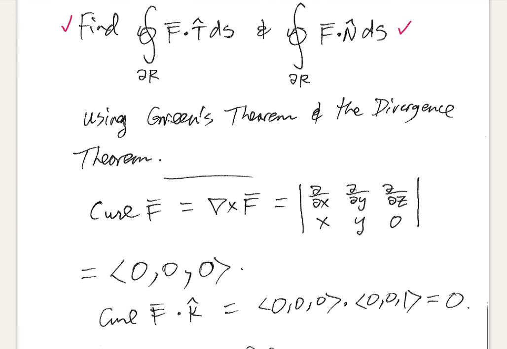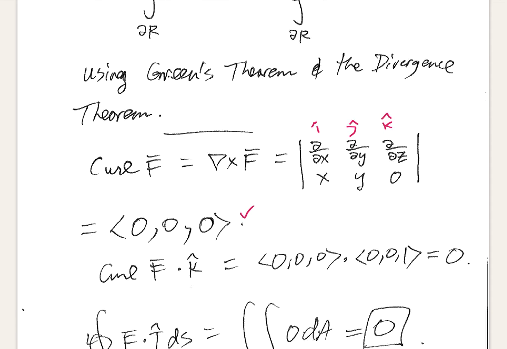Let's talk about the curl of f. So you remember this formulation here, again, if you like the ijk's in here. If you just start working out those partial derivatives, you're going to find the curl is actually 0. The curl is 0, so when I dot it with k, I actually get 0.